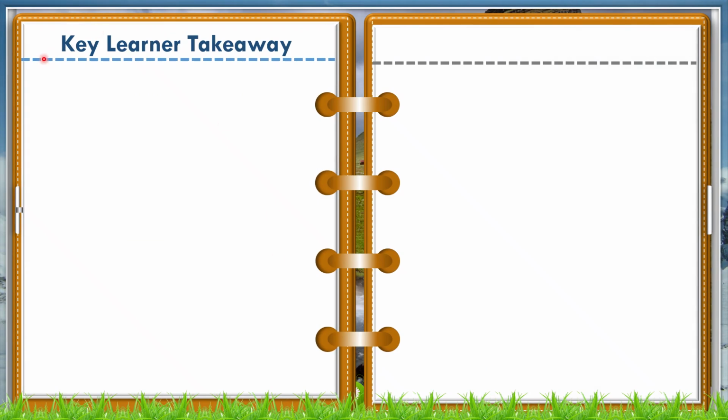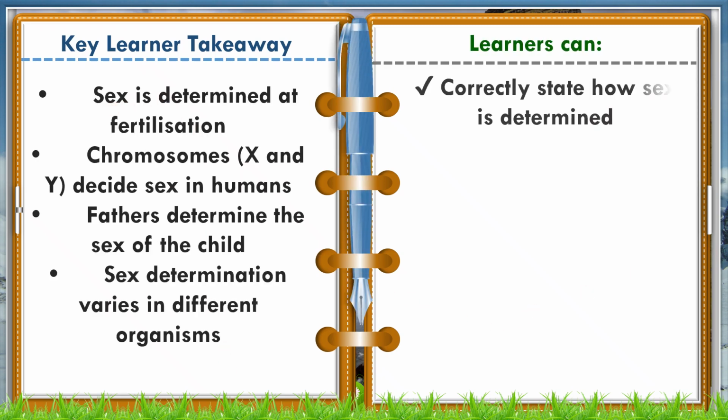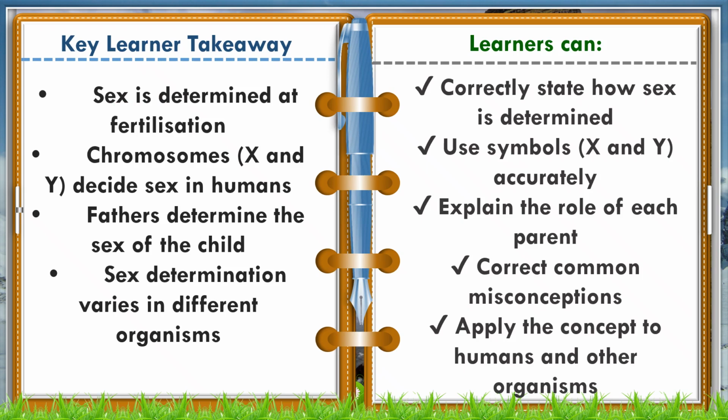Let's now come to the key learner takeaway. Here we have seen that sex is determined at fertilization. We have also said that the chromosomes X and Y decide sex in humans.